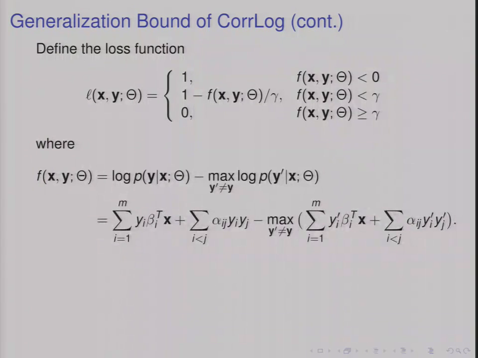It is calculated by the difference between the log likelihood evaluated under the true label and the maximum likelihood evaluated at all other labels. It does not depend on the inference procedure.